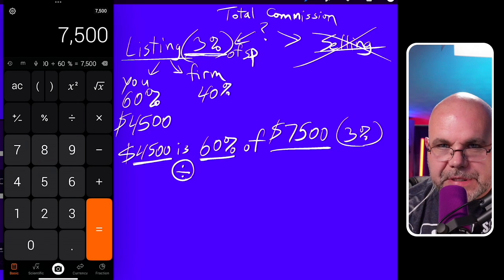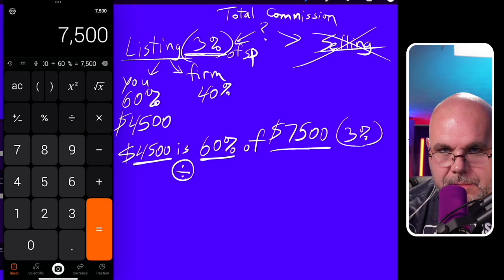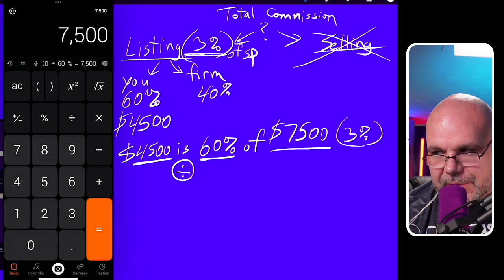That is the 3% number. Right? You made 60% of the 3%, and that equals 4,500. So your $4,500 is 60% of what dollar amount? Just plug it in the calculator.